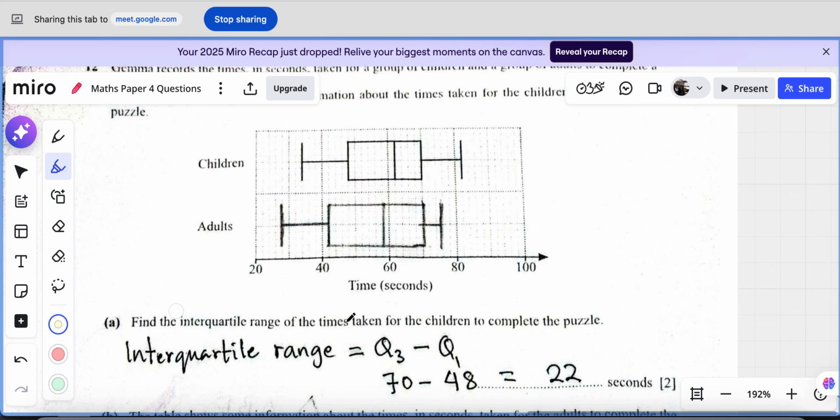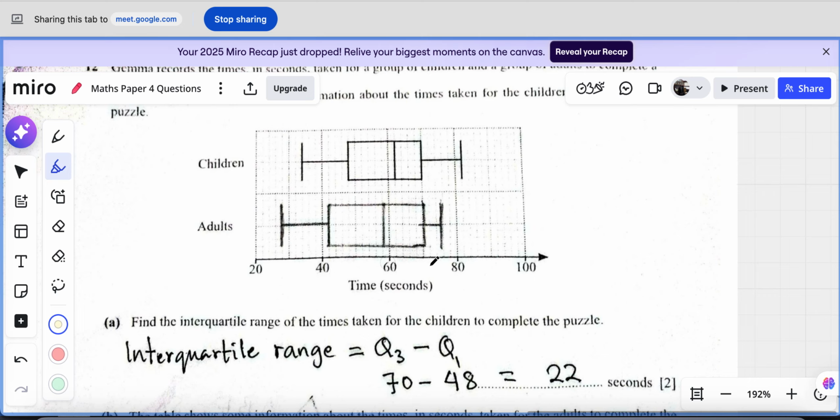Find the interquartile range of the times taken for the children to complete the puzzle. Interquartile range is the upper quartile minus the lower quartile. Where is the upper quartile? This place, Q3, minus the lower quartile, this place. So you have to read this one down and get the value. For Q3, I think it's 70.